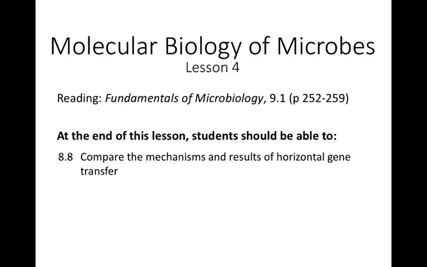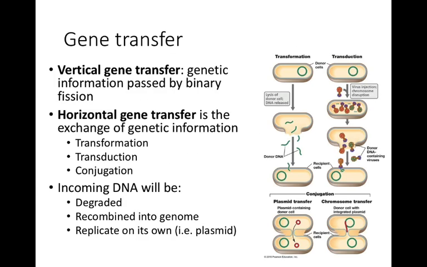So today's main goal, one objective: compare mechanisms and results of horizontal gene transfer. Okay? So let's start with a couple of basic definitions. Vertical gene transfer. What is it? When we use the term vertical gene transfer, what are we referring to?